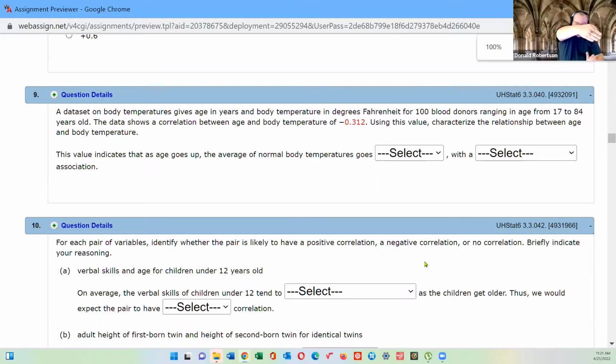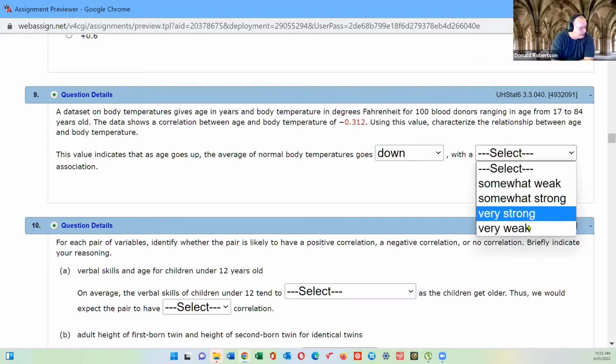Since it's negative 0.312, doesn't that mean it's a downward sloping line? So the older you are, the colder your body temperature is. It might only be 0.2 degrees, but it's colder, right? Which probably explains why old people are always feeling cold. So this value indicates that as the ages go up, the normal body temperature goes down.